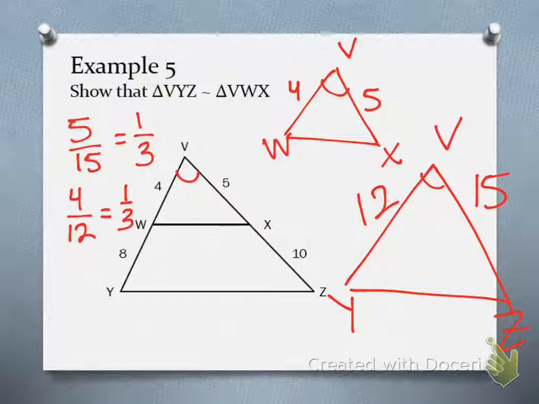So would we say that these triangles are similar? They're definitely not congruent, but they are similar. Okay, so we could say similar by which property or which theorem? Side, angle, side.